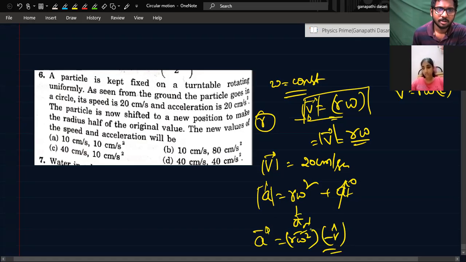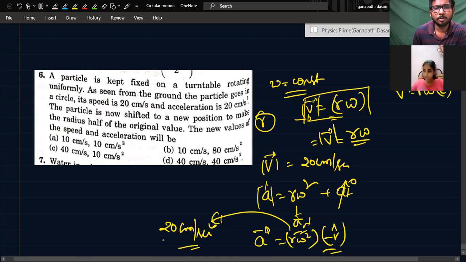So r omega square is 20 centimeter per second square. The particle is now shifted to a new position to make the radius half of the original value. That means R2 is equal to R1 by 2.